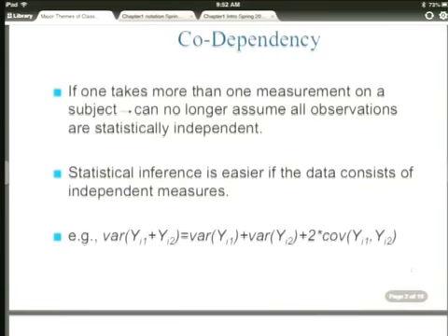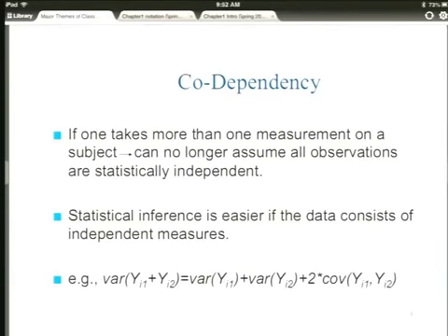Okay, so there are some basic major themes, and we've already talked about one of them, and this is codependency. Once I have longitudinal data that particularly has repeated measures on some unit, like a person, over time, I can no longer make the assumption that goes behind most of the standard regression techniques, and that is that all these observations are independent, because that simplifies things.